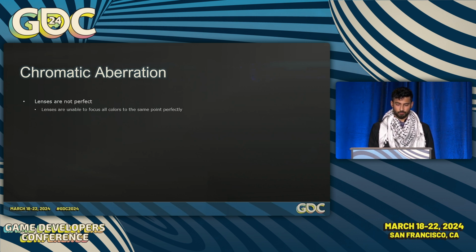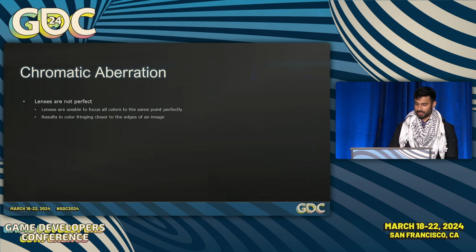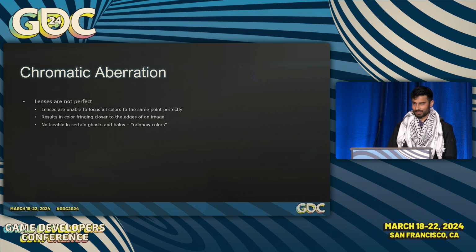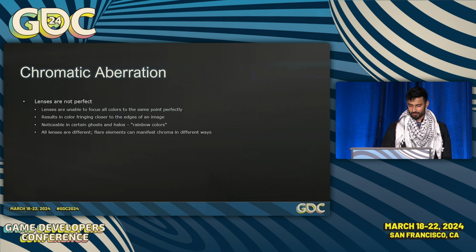This results in color fringing as we get closer to the edges of the image. So flare elements like ghosts and halos can be affected by this phenomenon, but again, it's worth noting that all lenses are different, and these flare elements can manifest themselves very differently depending on the lens.